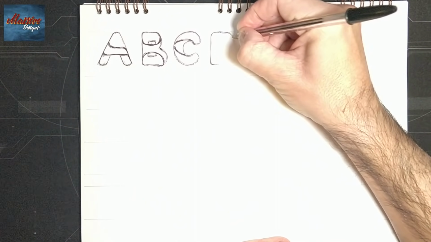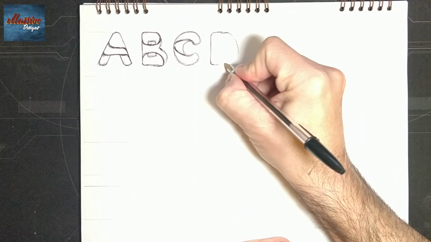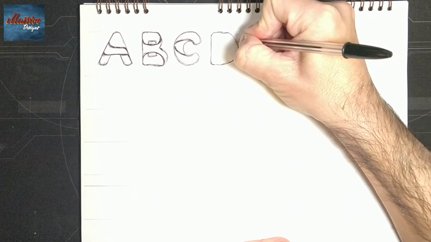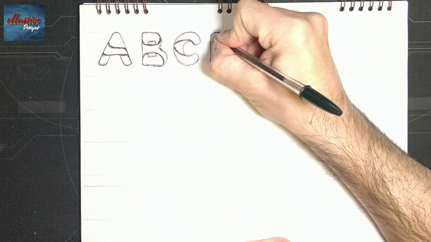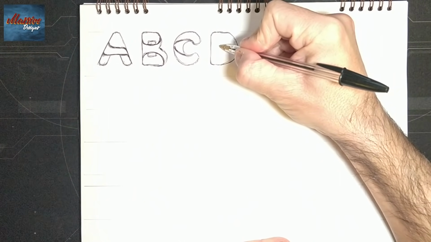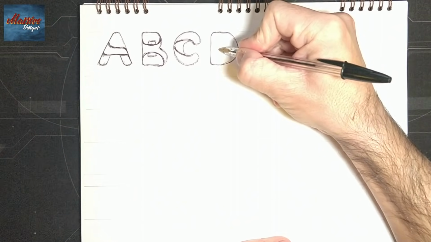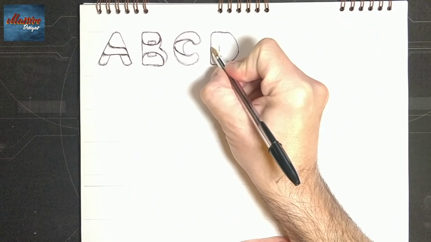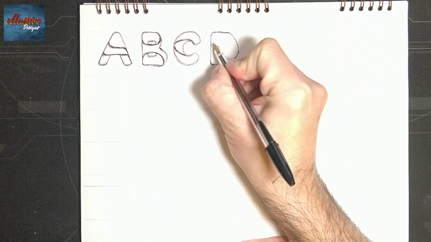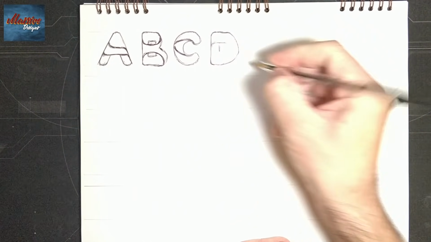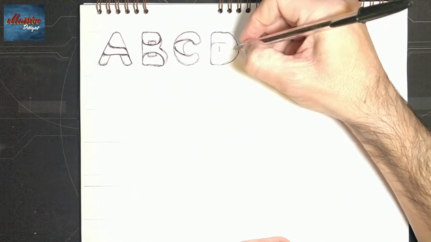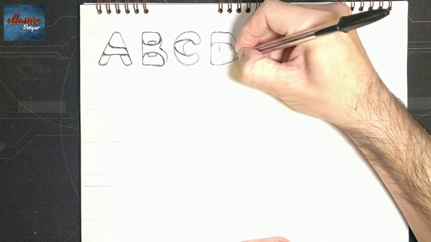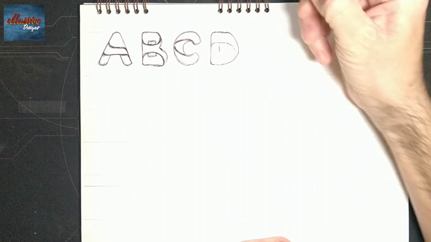Okay, so for the D you do a small arch like this, okay, and now for the inside I want this line again, the one that kind of cuts the letters, so I want it to be something like this.